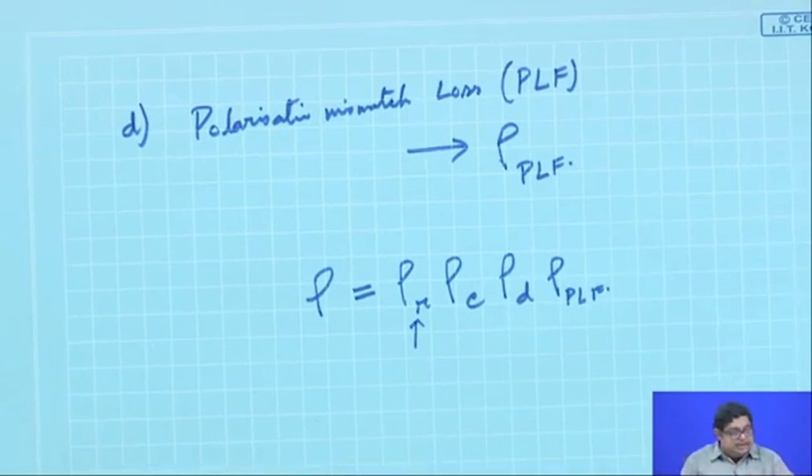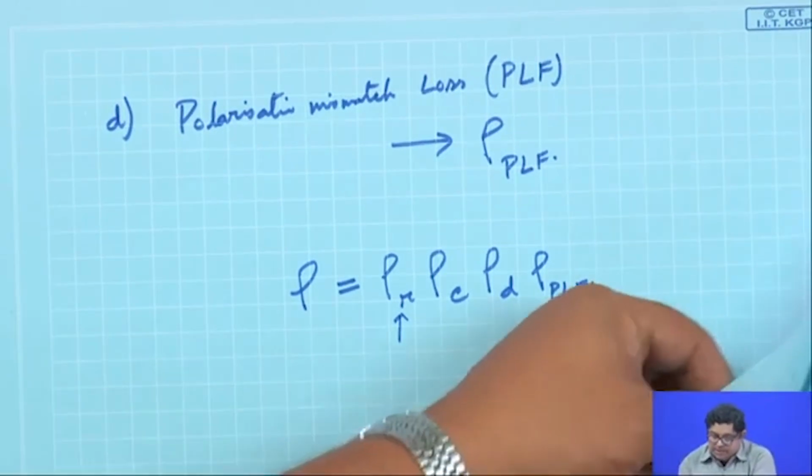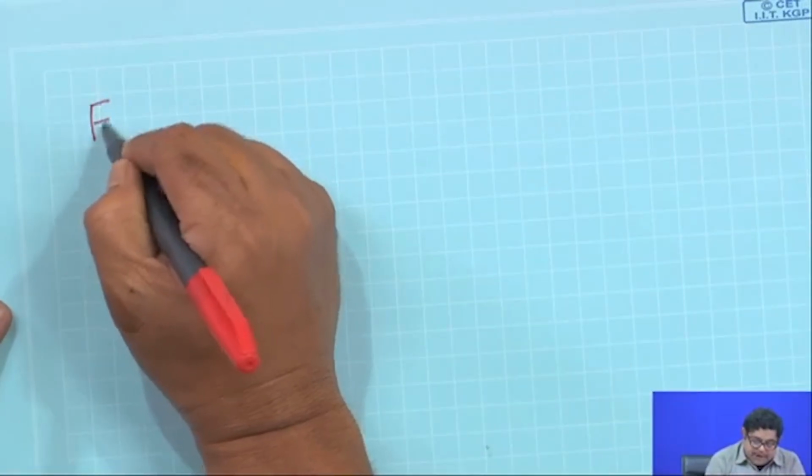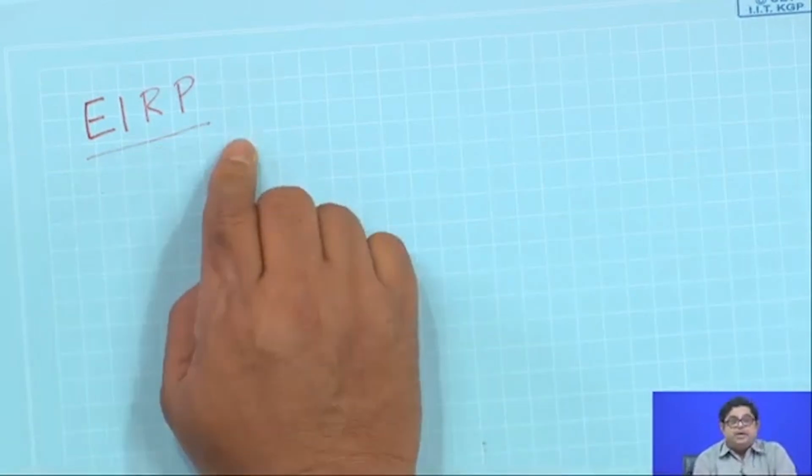Now, a related term is there. Sometimes transmitter people, because any antenna in the transmitting mode is connected with a transmitter, use another term which is related to this gain, that is called EIRP, effective isotropic radiated power.